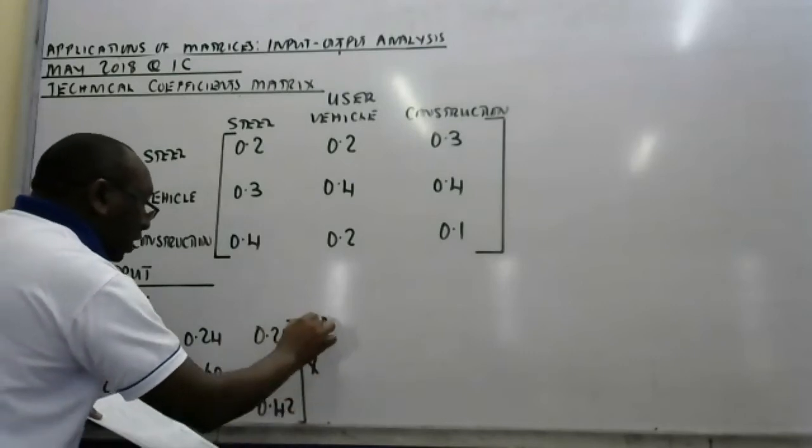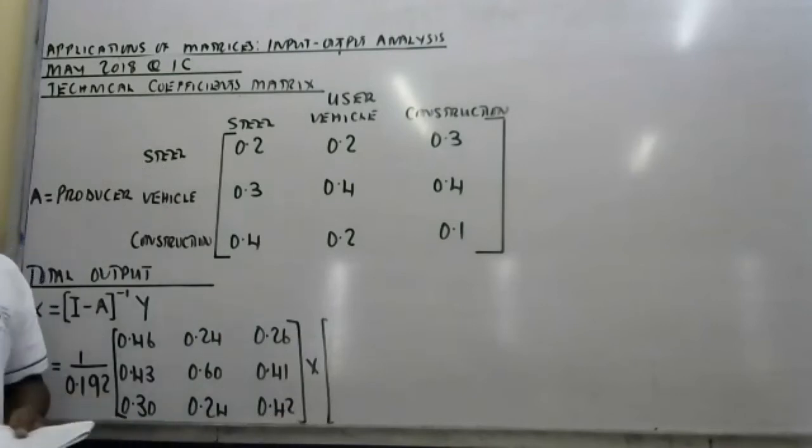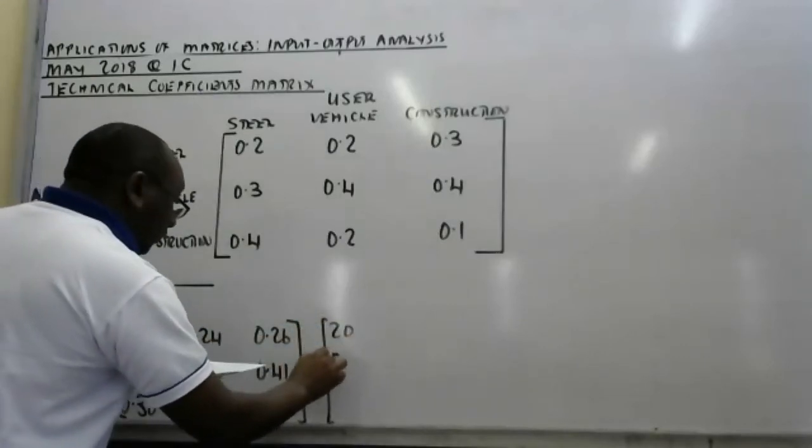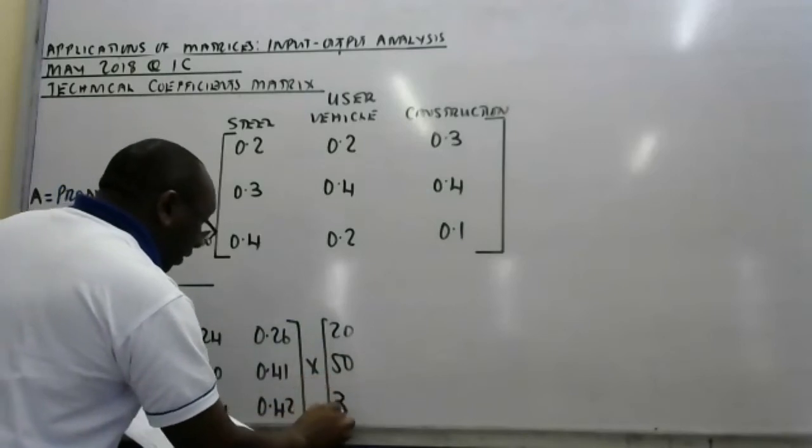Now this one, we are multiplying by the new matrix Y, the final demand, which we are told is 20, 50, and 30.